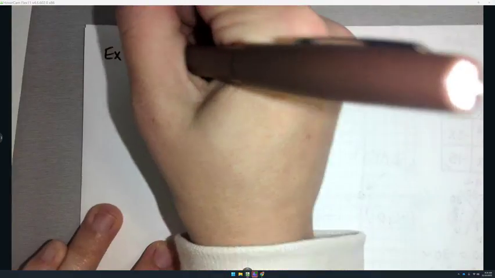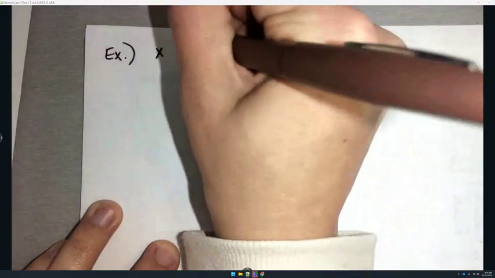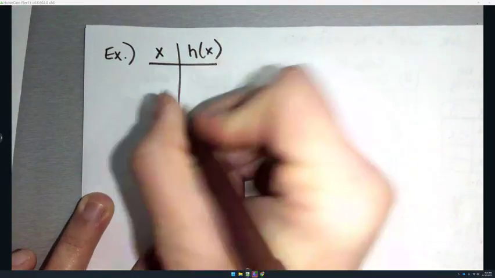Okay, so if I give you a table that looks like this, and you're going to go from -4 to 2.